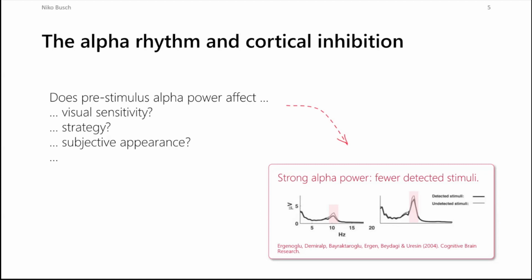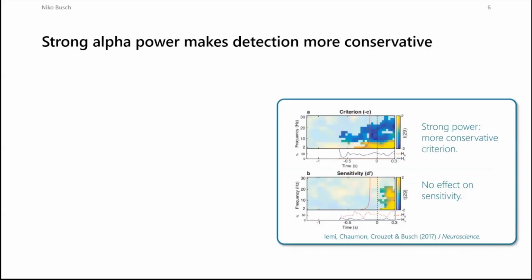Or alternatively, the state of the alpha rhythm and physiological excitability could have an effect on a subjective appearance, what the world looks like to you. And that's what the first experiment was about.